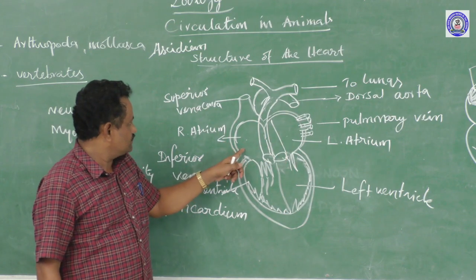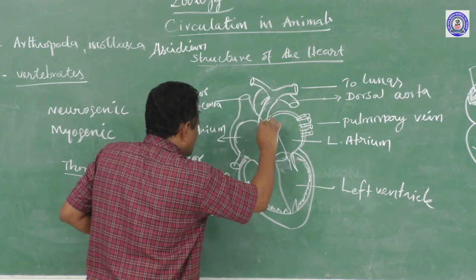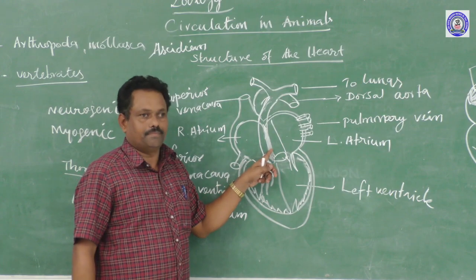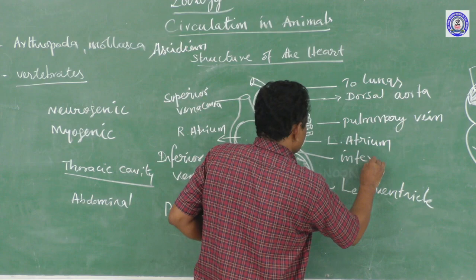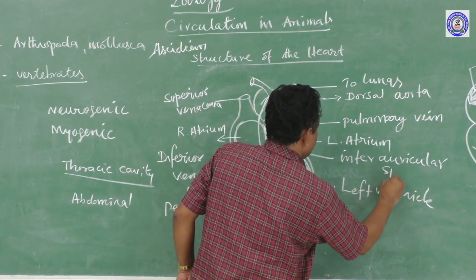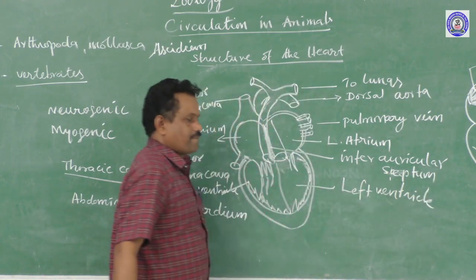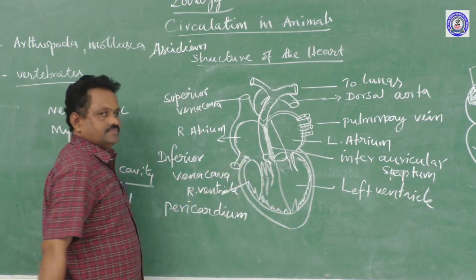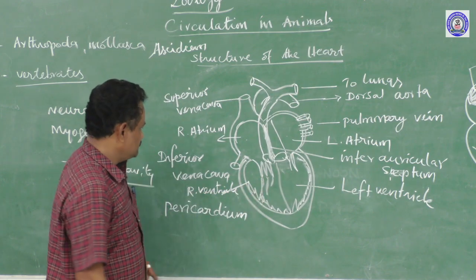The two atria are separated by a cross wall, also called the septum. The septum is called the inter-auricular septum. The two lower chambers are called ventricles. These are thick-walled chambers.